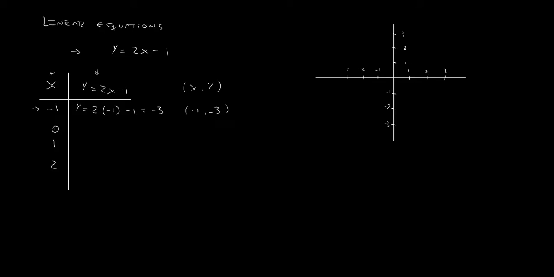In the x-axis we have to stand up at the -1 point, and now we draw a vertical line until we get to our number in the y-axis, in this case -3. So at -3 in the y-axis, we draw a horizontal line. Then this point, (-1, -3), is the intersection.